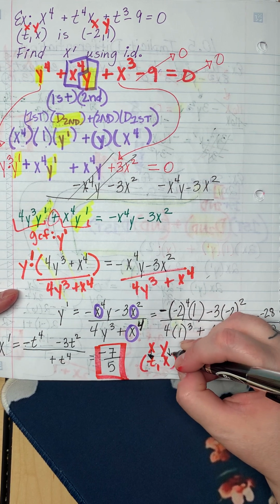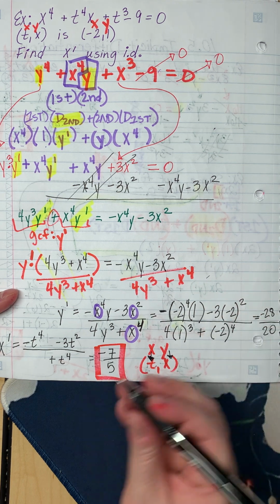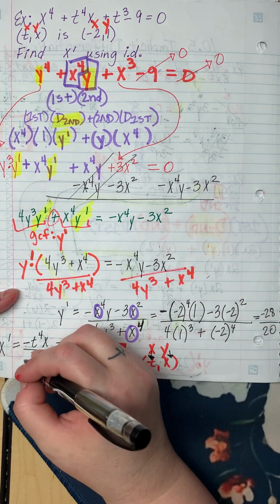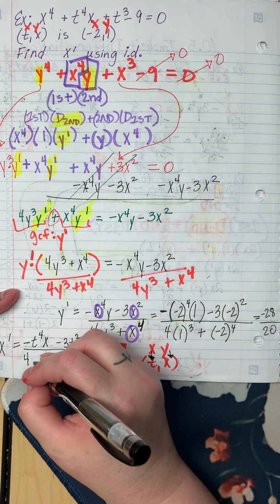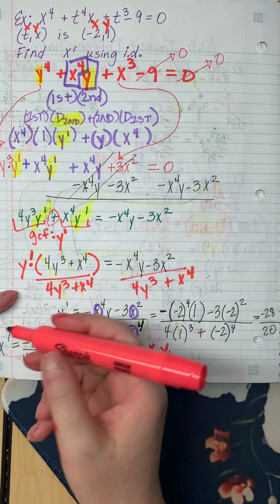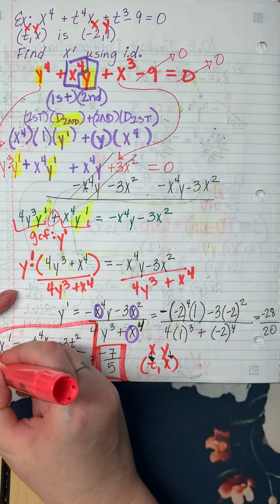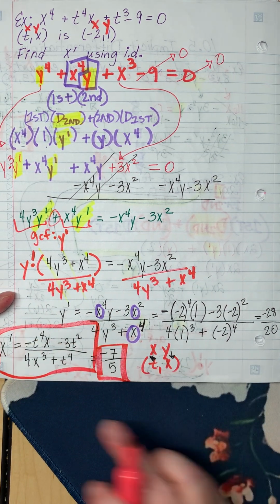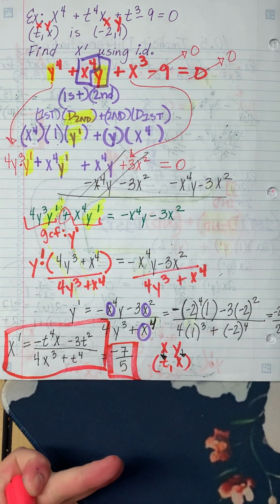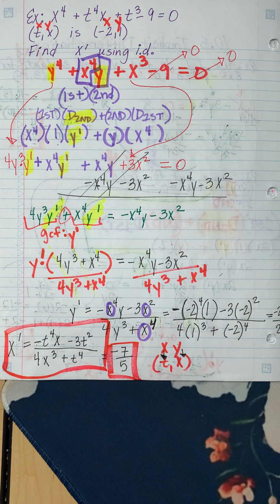Now every time we see a y, we write an x. There's a y in this top left and a y on this bottom left. If your homework asks you to type in an actual equation before the number negative 7/5, type this in. All right, woohoo, that was rough.